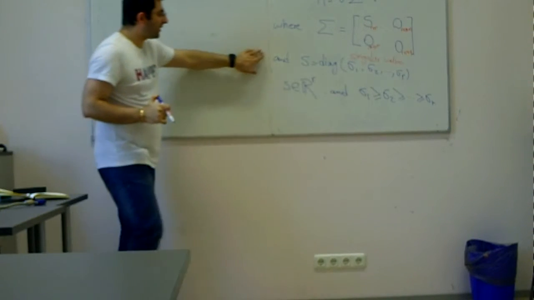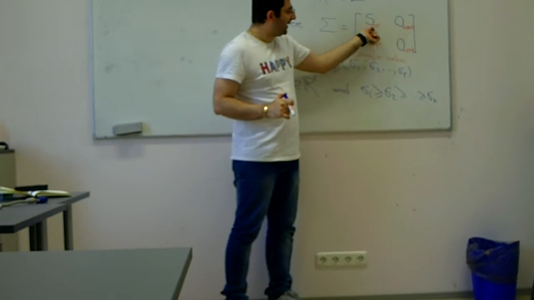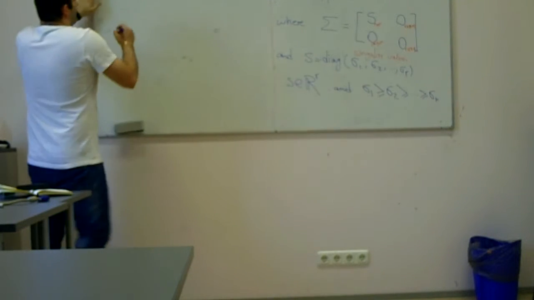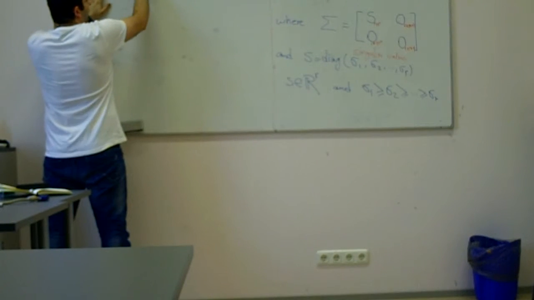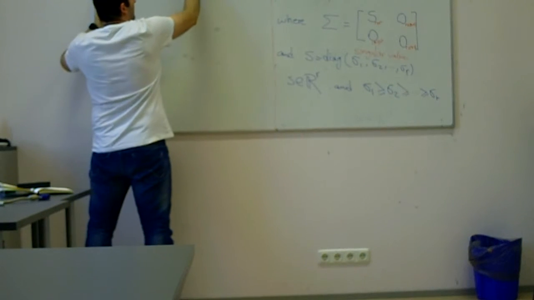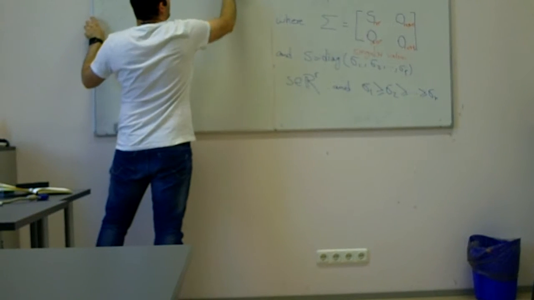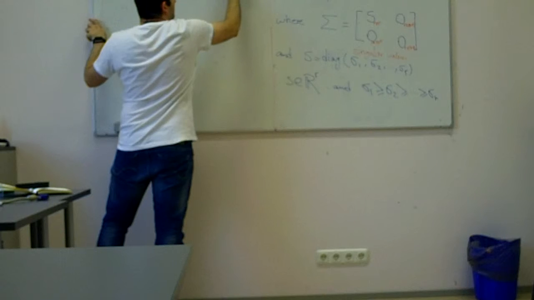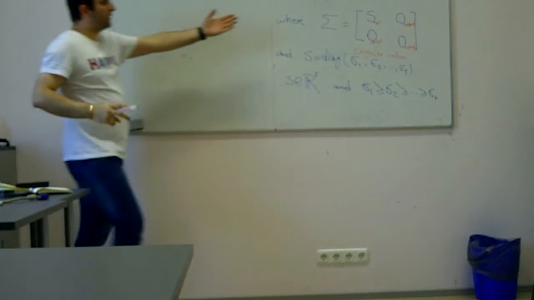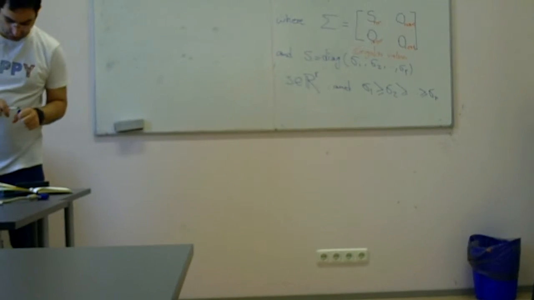In general, if we have rank r, S will have the size r by r. So we can write A as U1, U2 multiplied by S, 0, 0, 0, and V1 prime, V2 prime. In other words, I can divide my U into two parts.